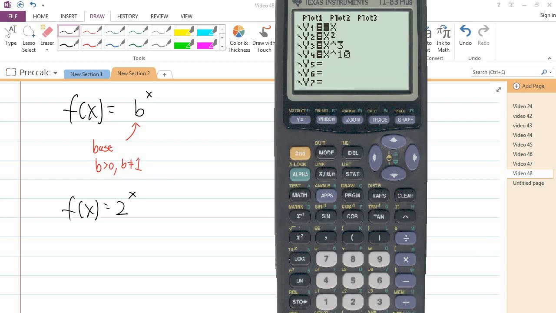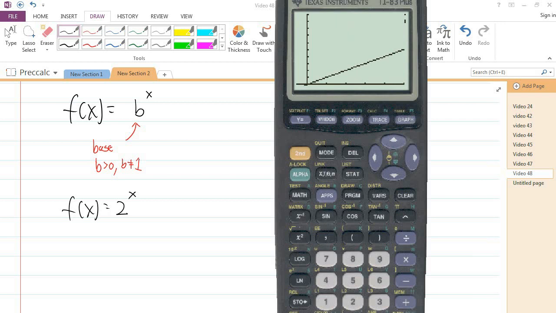The thing about all of these, though, is that all of these functions and any other polynomials I could list get crushed by any exponential I can put here. 2 to the x starts out pretty slow, but as I zoom out and go bigger on the y-axis, let's go up to 100.